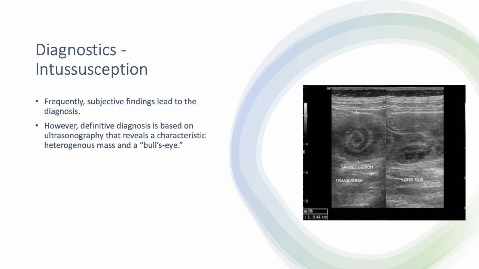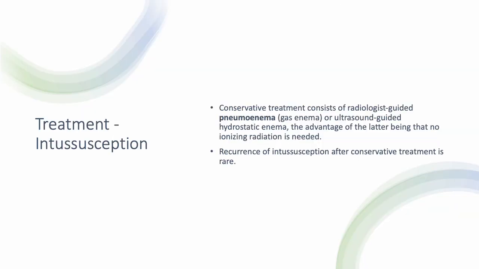Here you can see an example of an ultrasound where the bowel has telescoped back onto itself, making it look like a bullseye. The treatment for this is typically just going in with an endoscope and blowing that telescoped bowel or folded bowel out and back to where it needs to be.